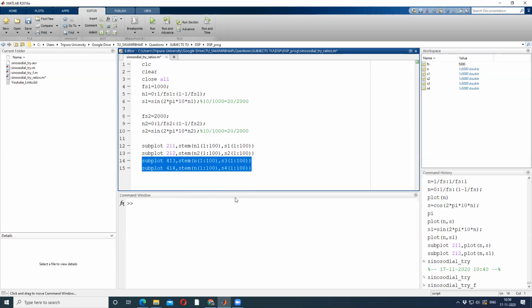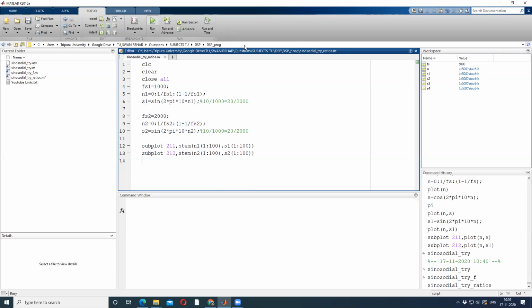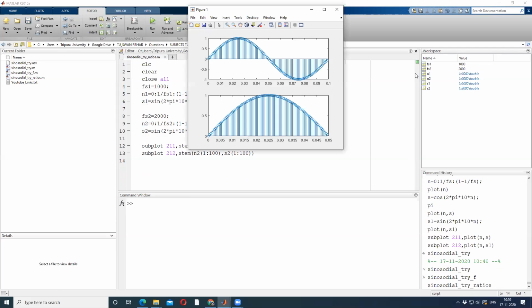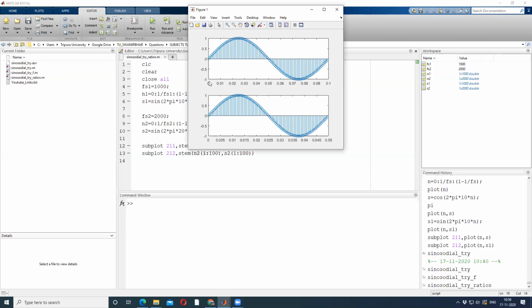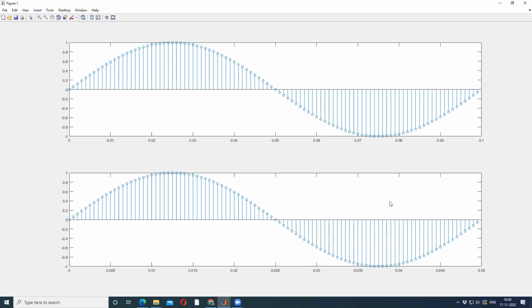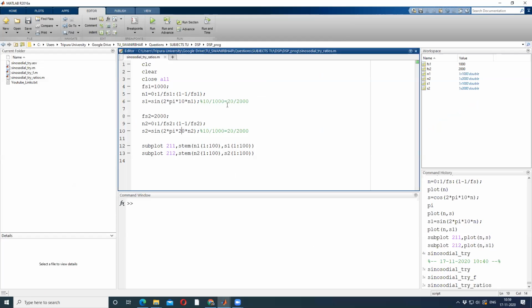I don't need this. Let's see the difference. Just a minute, let me check. Oh, here I forgot to make it 20. See, both the waveforms are same. Difference is that one is 10 by 1000, another is 20 by 2000. So here everything works out based on the ratio.